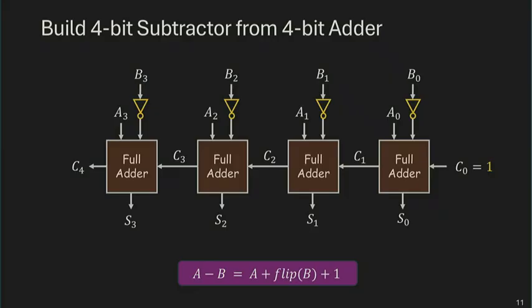This is based on the observation of 2's complement: subtraction, A minus B, is no different from complementing B and then doing an addition. And how do I complement B? I flip each individual bit and then add 1 to it. That's where the carry in becomes very helpful. We can set it to a constant 1 and then flip each individual bit from the B inputs. And then essentially this will give you the subtraction between those two numbers.